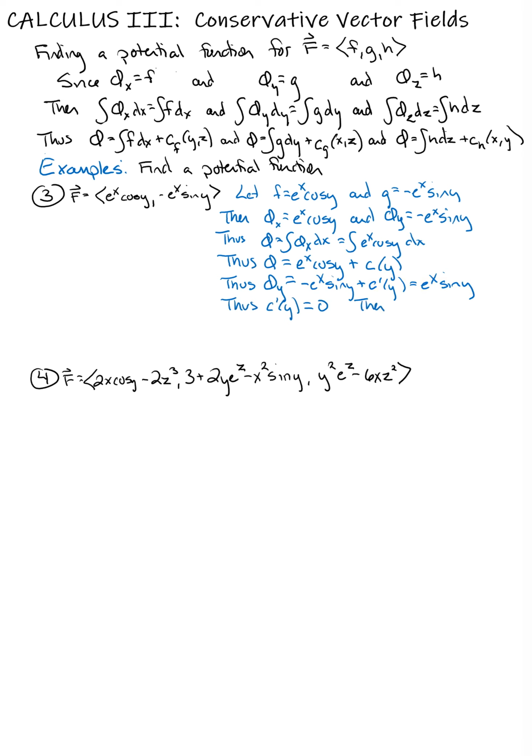Well, if c prime is 0, then what is c of y? Well, that's equal to some constant. So I will choose c naught to be equal to any constant. I'll choose 0.